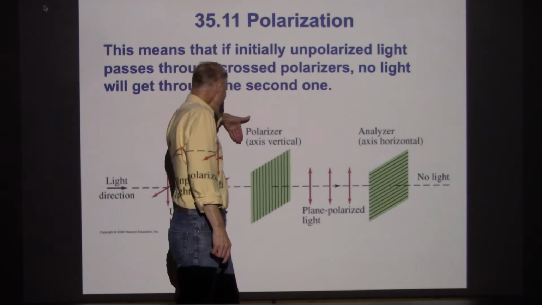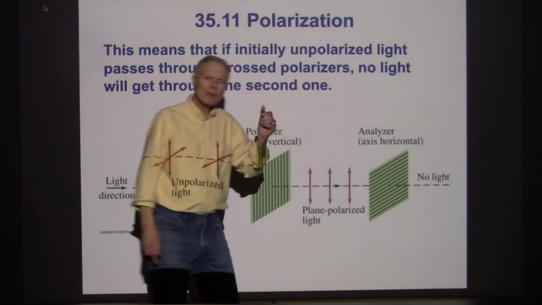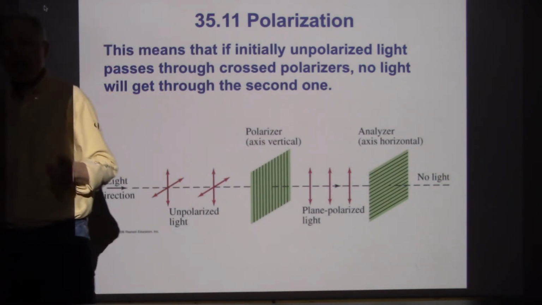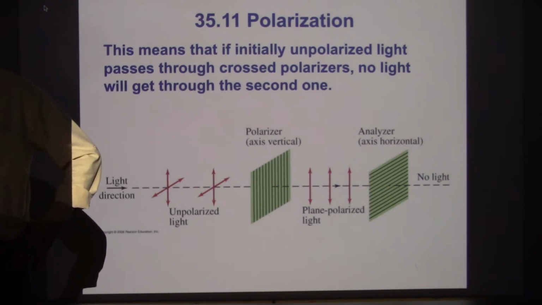If we allow the vertical polarization to come through, that removes half of the photons. When the photons get to that point, they have to make a decision: am I vertically polarized or am I horizontally polarized? I have not committed up until now, but I'm running into this polarizer. I have to commit.